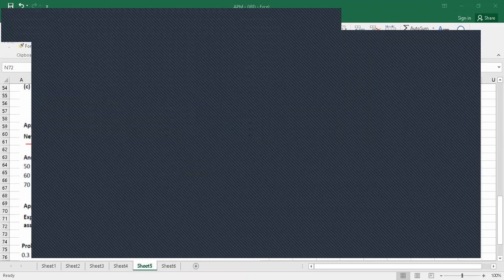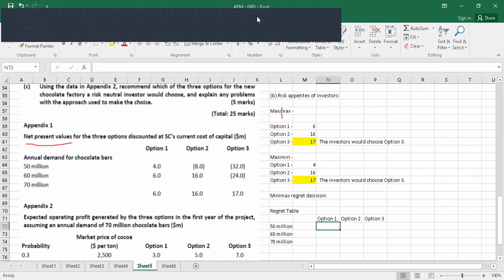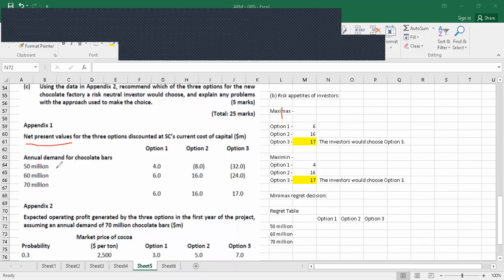In that case, we have to now carefully choose. If it is the first situation, 50 million. So if it is 50 million scenario, what's the best thing that they can get? Let's say if the demand is 50 million, if they choose between option 1, option 2, and option 3, which one is the best one here?